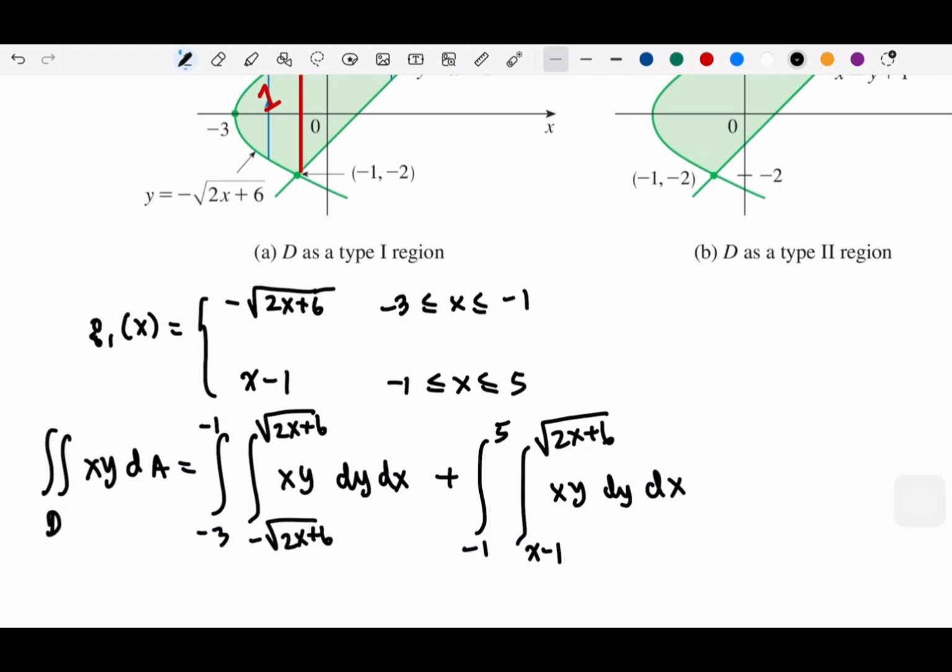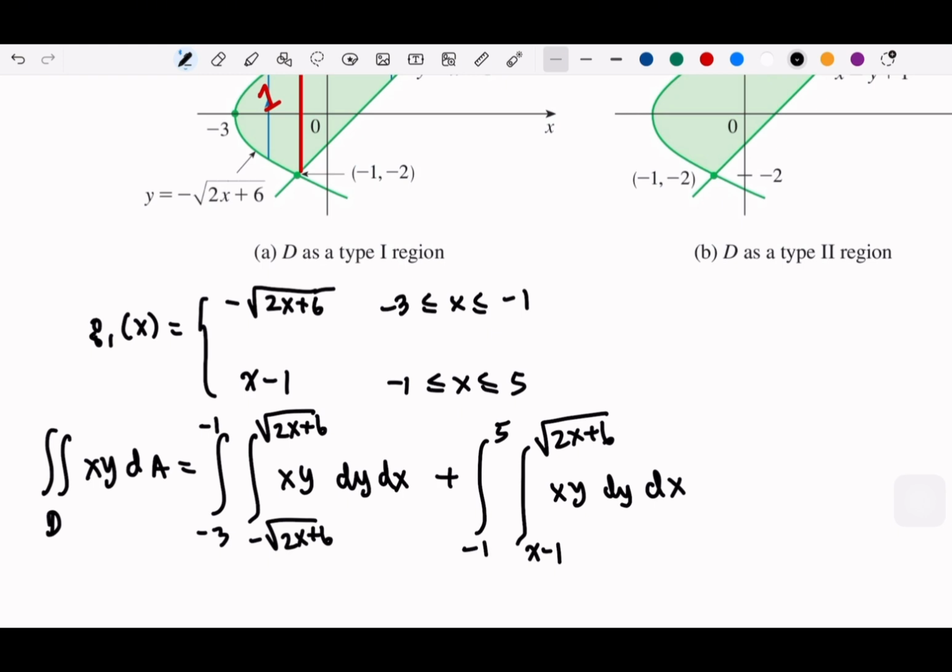We can do this, and since we integrate with respect to y, we get y squared, and we can compute all of them. But it is much more complicated.